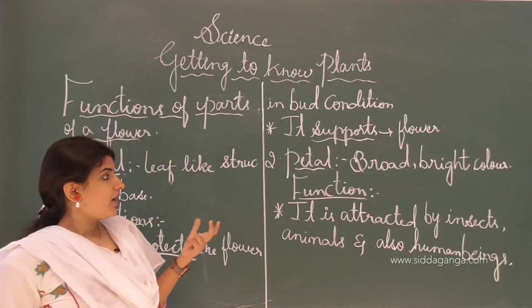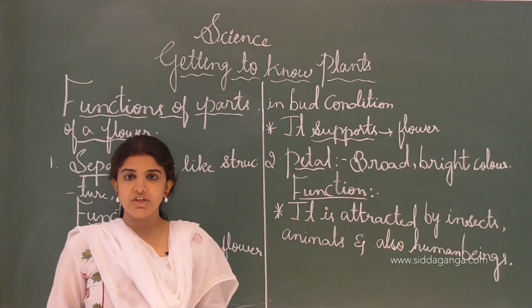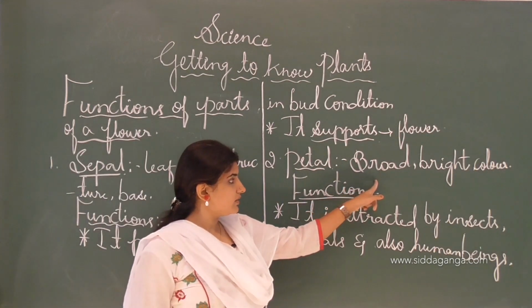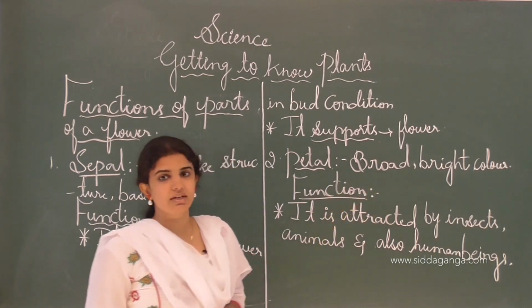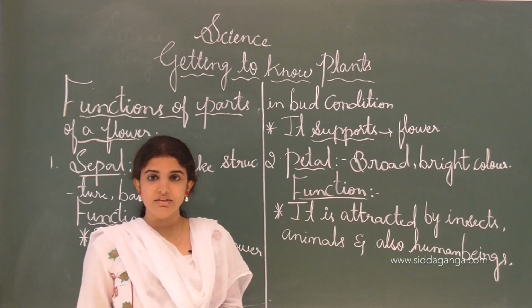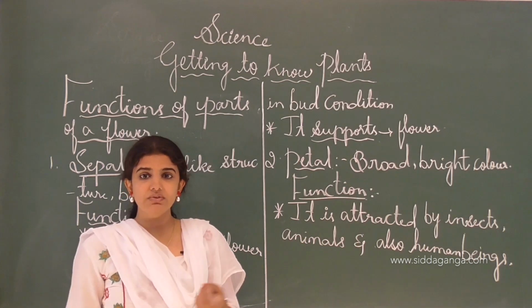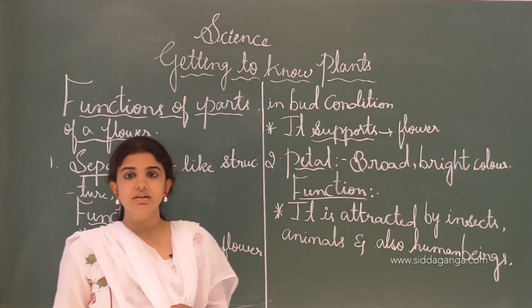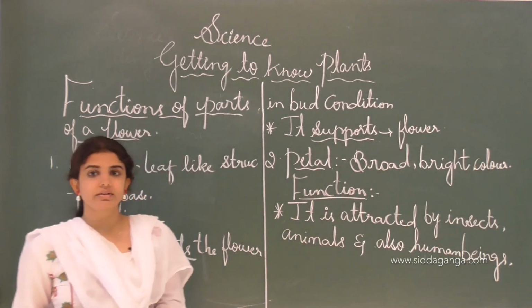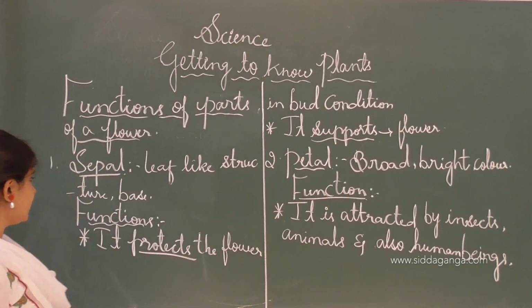Petals usually have different sizes and shapes according to the flower, and are usually broad in shape and bright in color. The function of the petals is that they attract insects. Insects visit each flower and suck the nectar, and animals and human beings are also attracted by the petals.